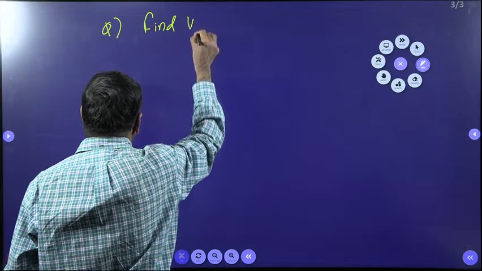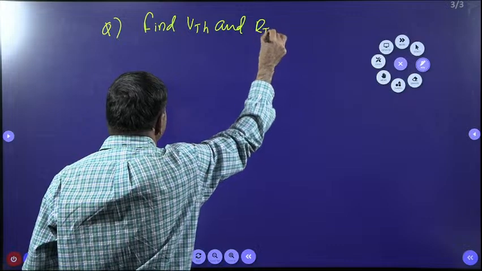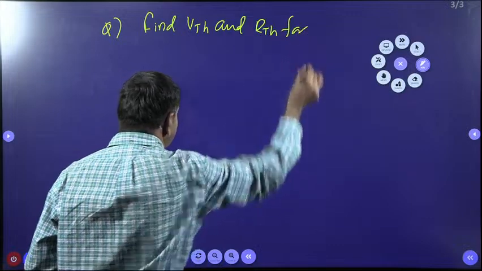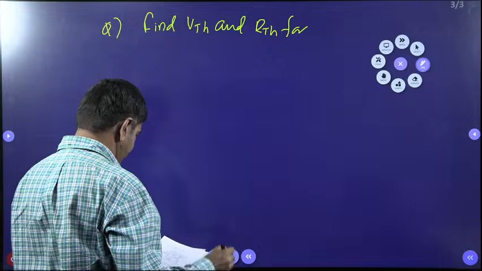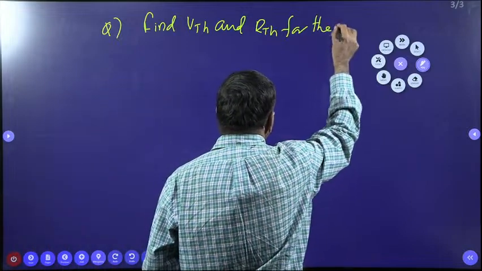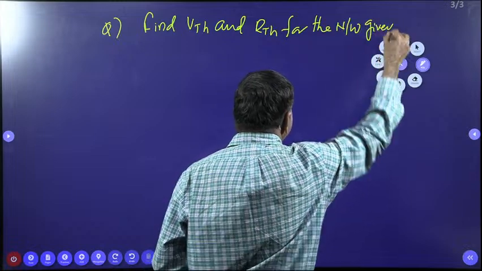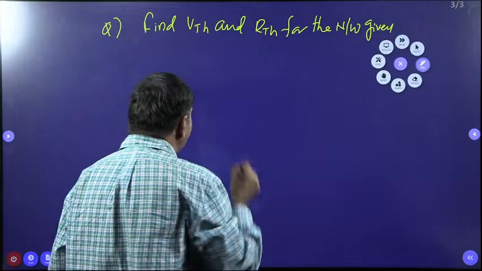Find VTH and RTH for the network given. The network is given like this.